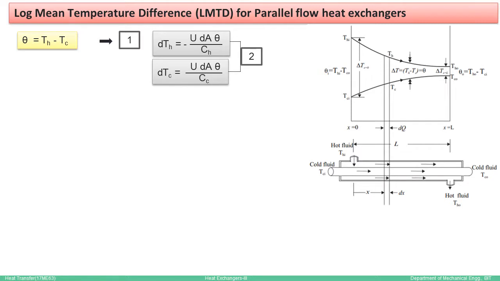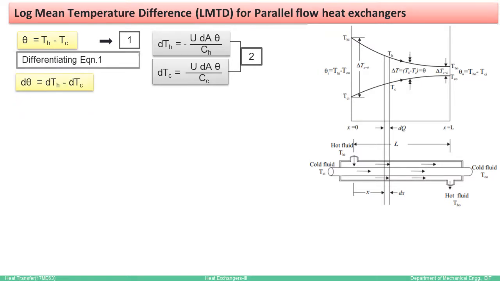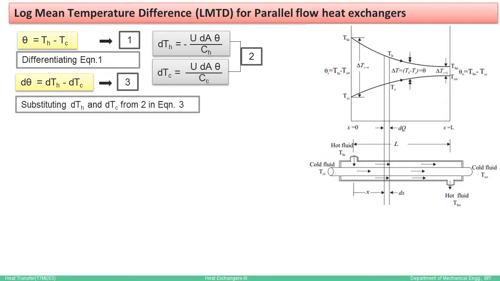Theta is equal to Th minus Tc, and differentiating equation 1, we get d theta is equal to dTh minus dTc. We call this equation 3. We can substitute dTh and dTc from equation 2 in equation 3.